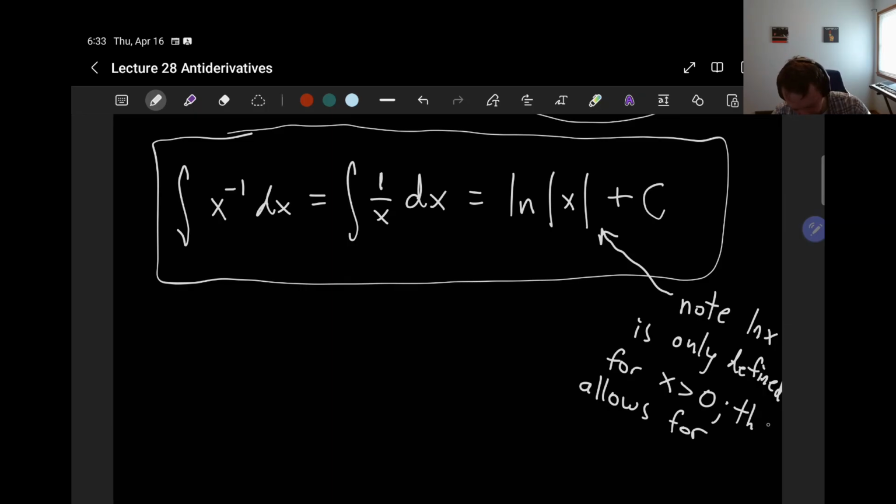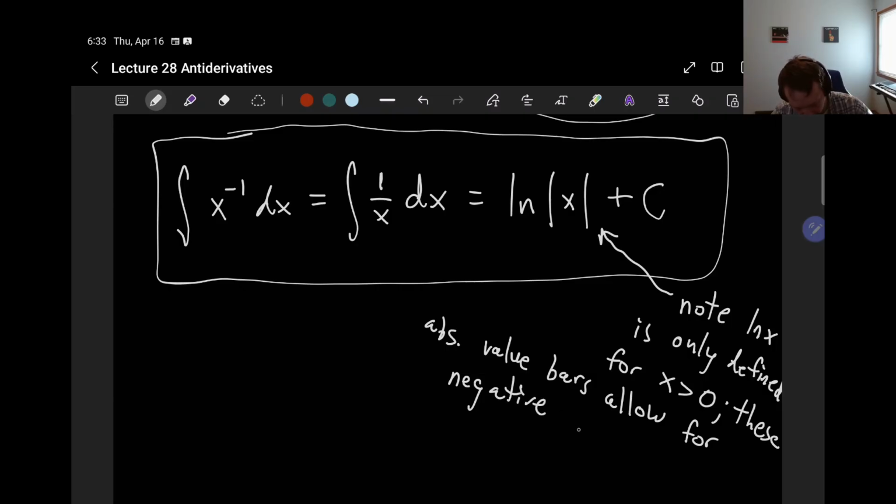These absolute value bars allow for negative x values.